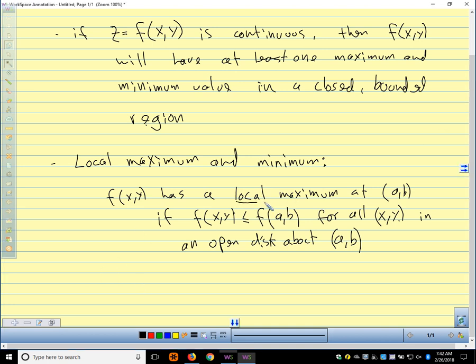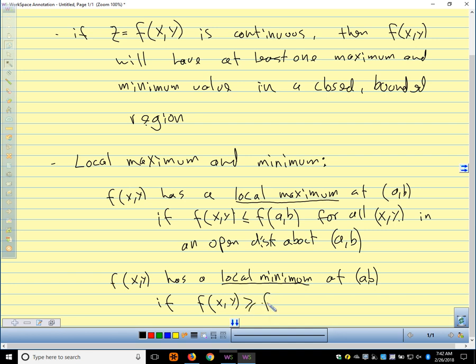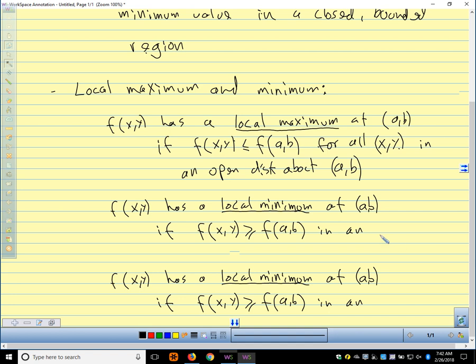And f of x, y has a local minimum. We just turn around this inequality. We have a local minimum at our point if our function is bigger than or equal to the function at f of (a, b) in an open disk around (a, b).